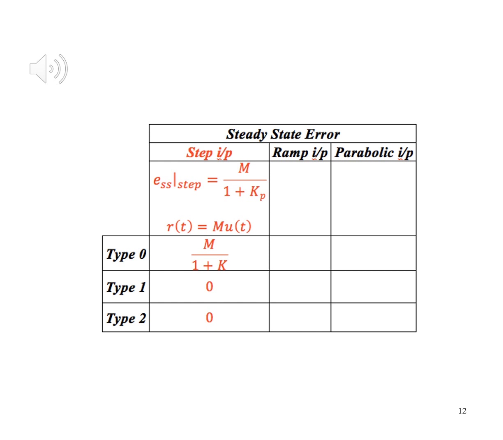If I have type 2, the steady state error equals 0. 3, 4, 5, all zeros after that in the table in front of you. Okay, let's see what will happen if we have a ramp input. Go to the next slide.